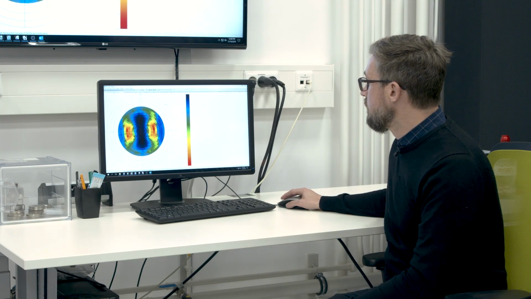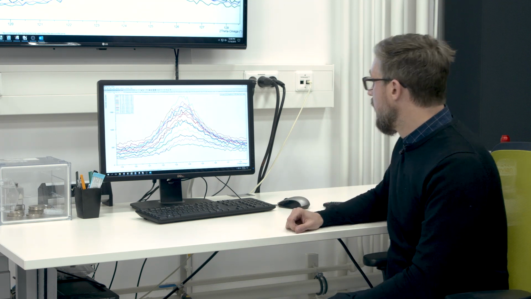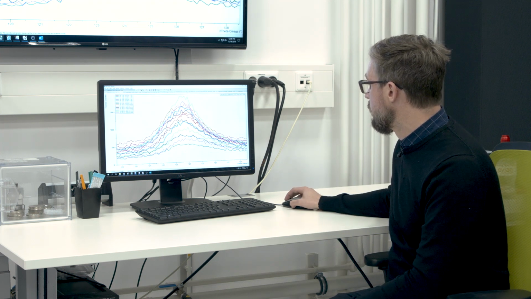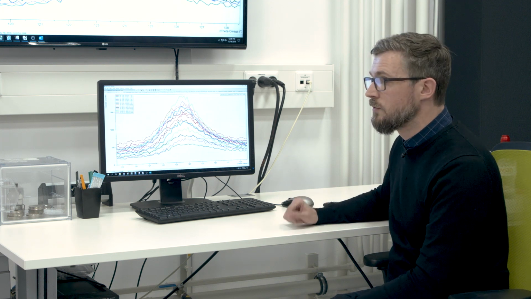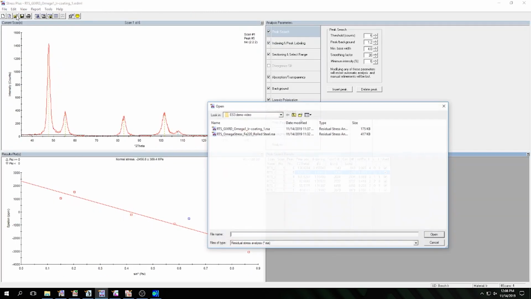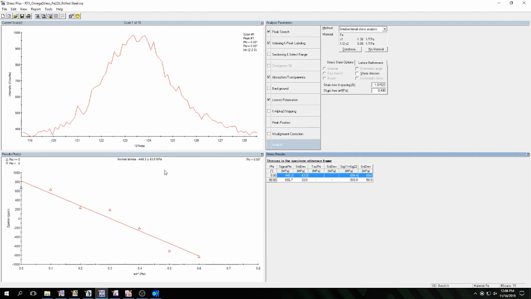And then we have the residual stress measurement on the steel sample. This is where we determined the peak position of a certain reflection, in this case the 220 reflection of alpha iron, at different sample orientations. And from this we can derive the residual stress. For that, I will just open this analysis.